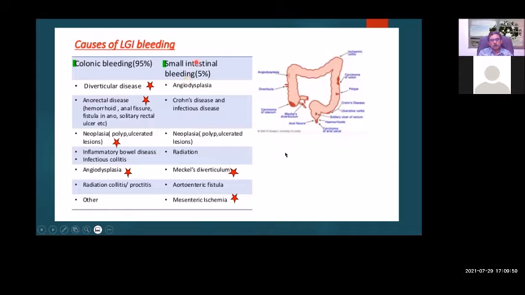The small intestine contributes only 5% of the bleeding cases, and of interest is Meckel's diverticulum, which occurs in young adults and children, and in older individuals you have mesenteric ischemia. All the other causes do occur from time to time, but are not so common.